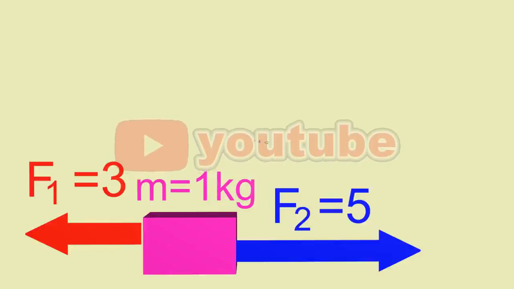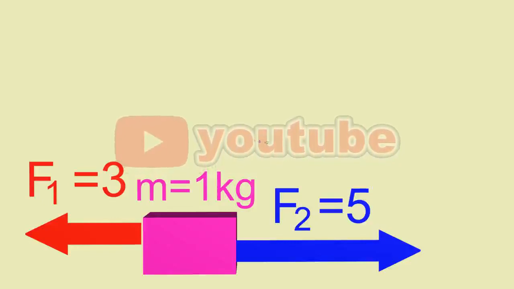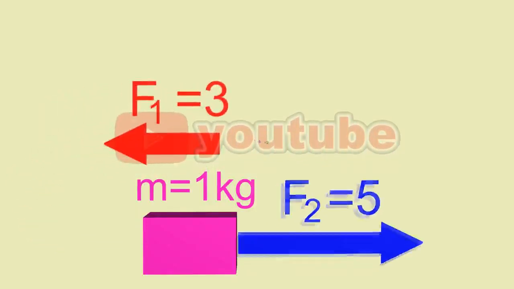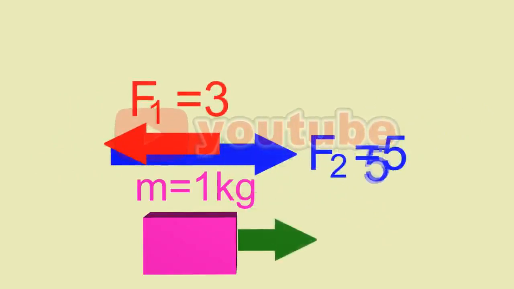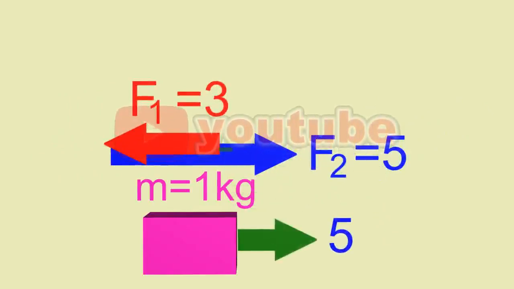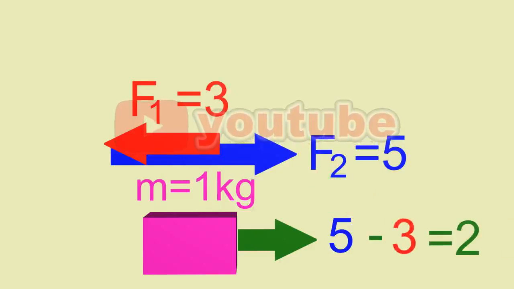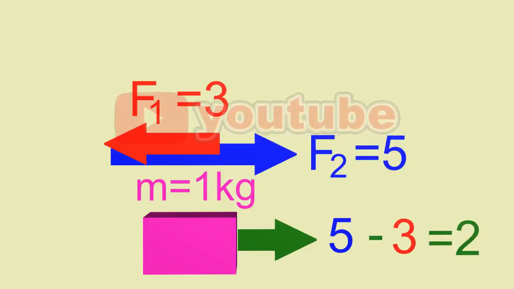Because the two forces are in opposite directions, the net force is equal to their subtraction, 2 newtons. Note that the net force is in the direction of the greater force, that is, in this direction.